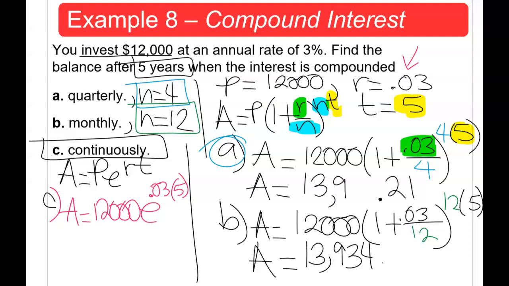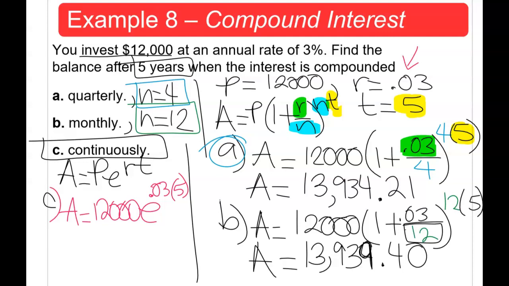So that was 13,939 with, no, oh my gosh, 34 with 21 cents. For part B it is 13,939, this is a 9, and then with 40 cents. Okay, that was for monthly, n equals 12.